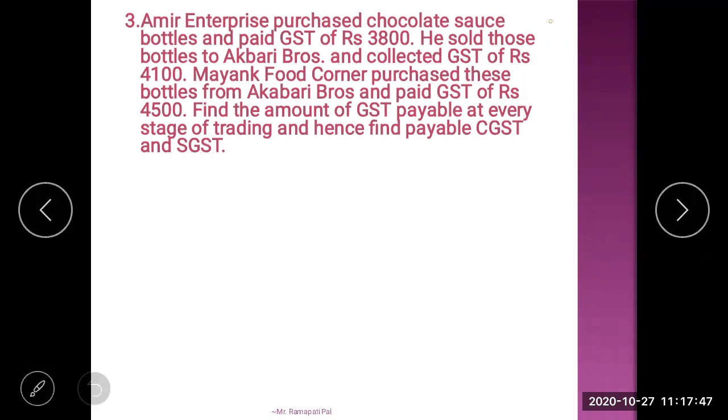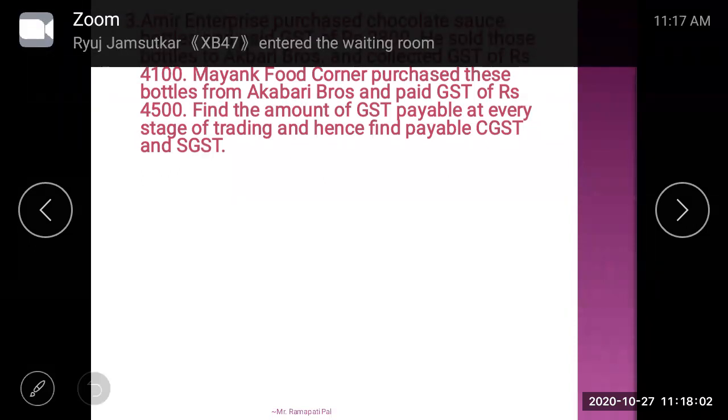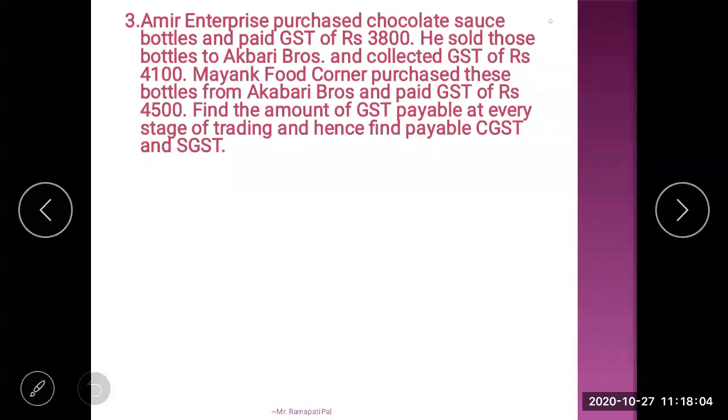Find the amount of GST payable at every stage of trading, and hence find payable CGST and SGST. Now, you know what CGST and SGST are, correct?